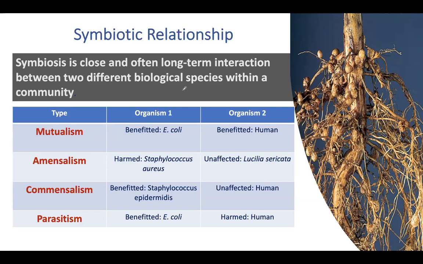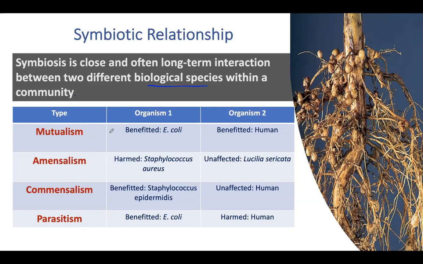And it has to be between two different biological species. Because it has to be two different biological species, you and your spouse are not symbionts for each other, because you are the same biological species. That's the other reason. So these are the two conditions to fulfill a symbiotic relationship.